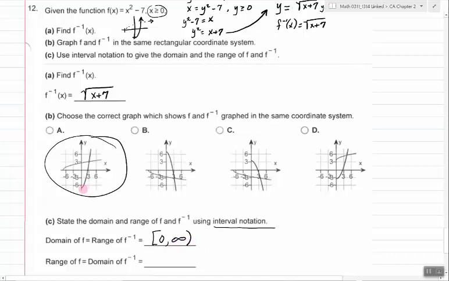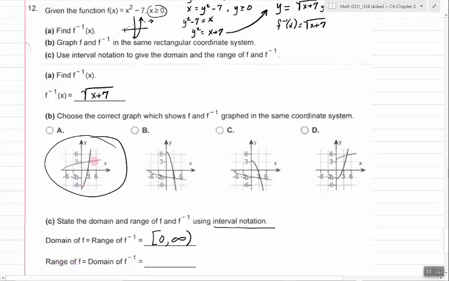The domain of this one is from left to right. The leftmost x is 0. The rightmost x, well, it goes on forever to the right. That's where I got the infinity. For this graph, its range, its y values, its bottommost y value is 0, and it rises forever, so it's 0 to infinity.